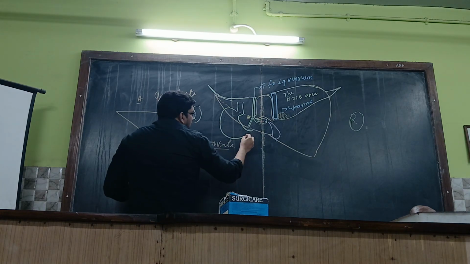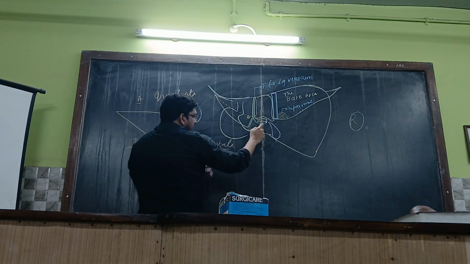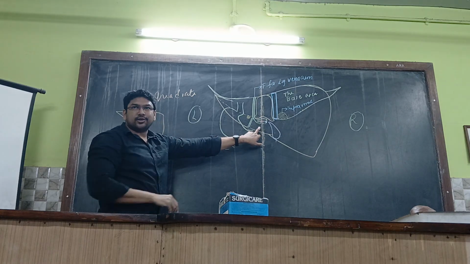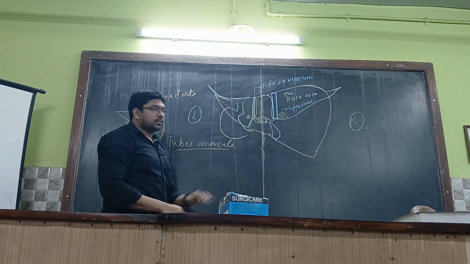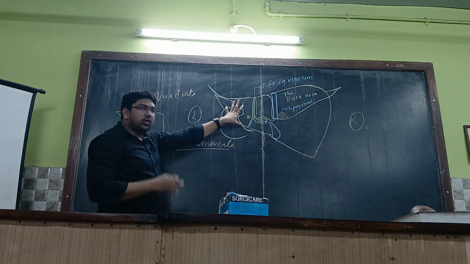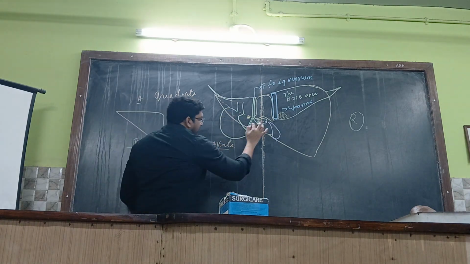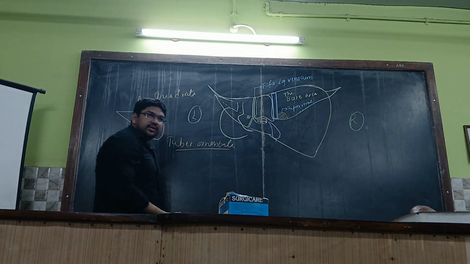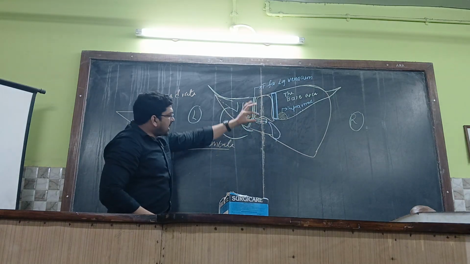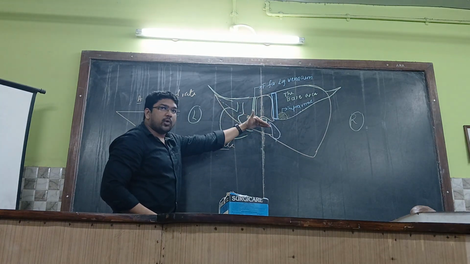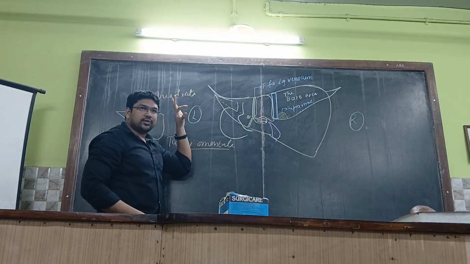And then followed by this, what is this lobe? Quadrate. So what are the relations of the quadrate lobe? Towards the left side of the quadrate lobe, there is only the gastric impression. If you divide the quadrate lobe into halves, the upper half will have the free border of the lesser omentum.